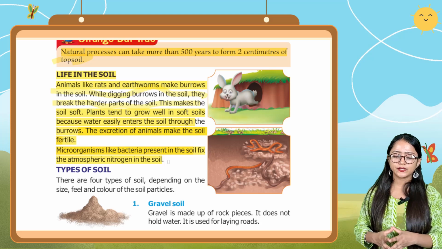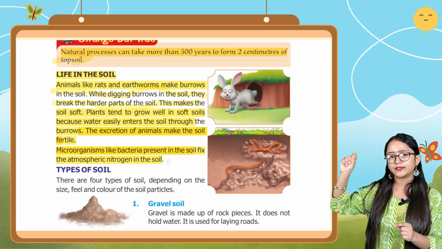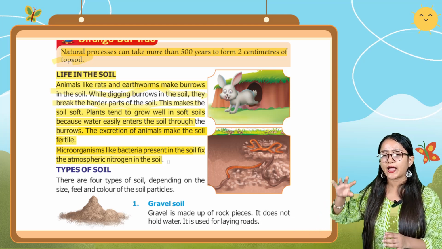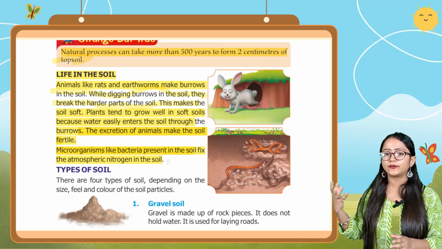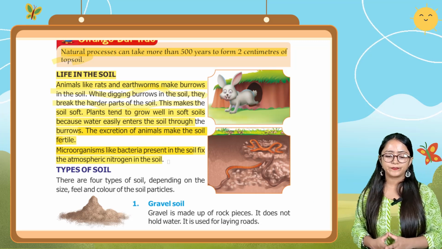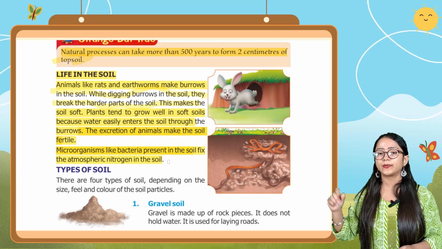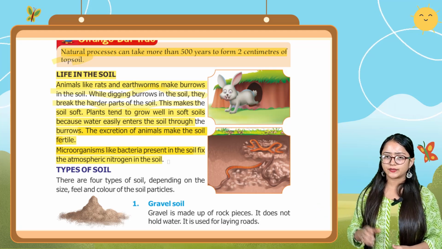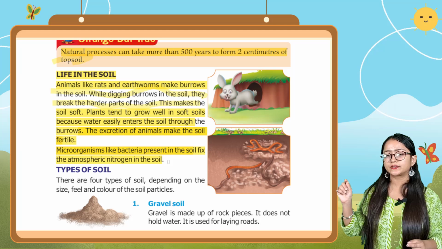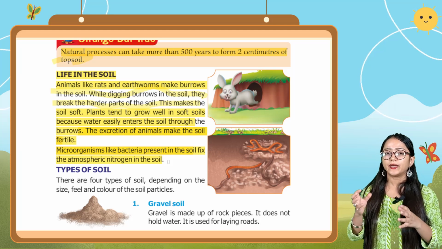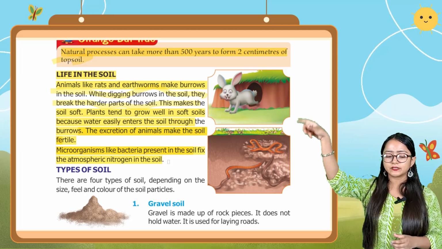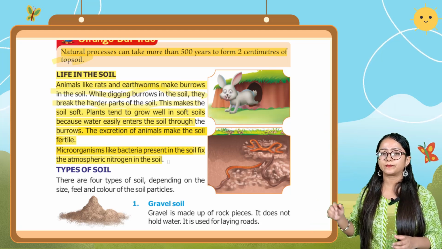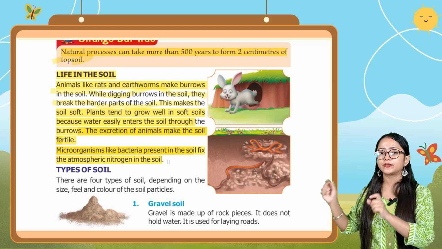And when animals die, they get buried deep in the soil, and that soil becomes fertile to grow plants. The excretion of animals also makes the land fertile. And there is a microorganism, a bacterium, whose name is rhizobium. It fixes the atmospheric nitrogen into the soil, to give that nitrogen mineral to the plant.